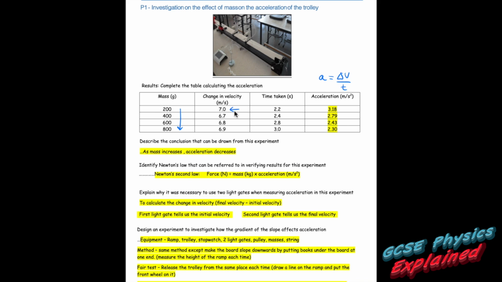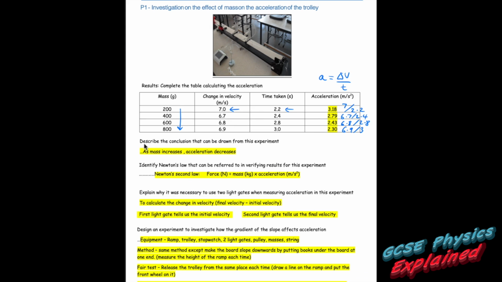So there's the change in the velocity and there's the time taken. So for example, to get the 3.18, you just did the 7 divided by 2.2. For this one, you do 6.7 divided by 2.4, 6.8 divided by 2.8, and 6.9 divided by 3.